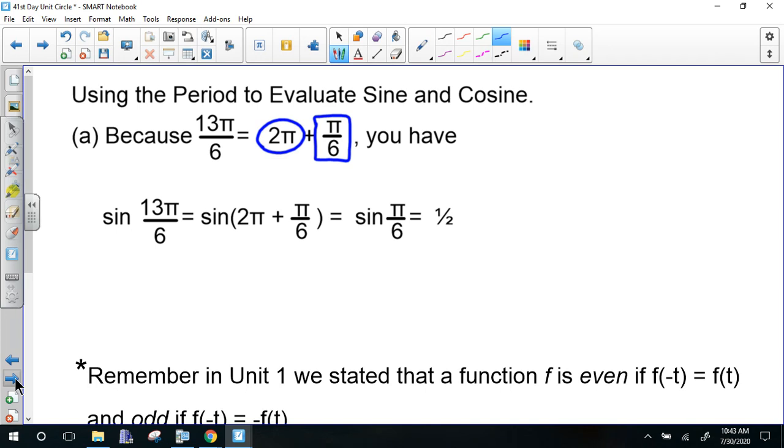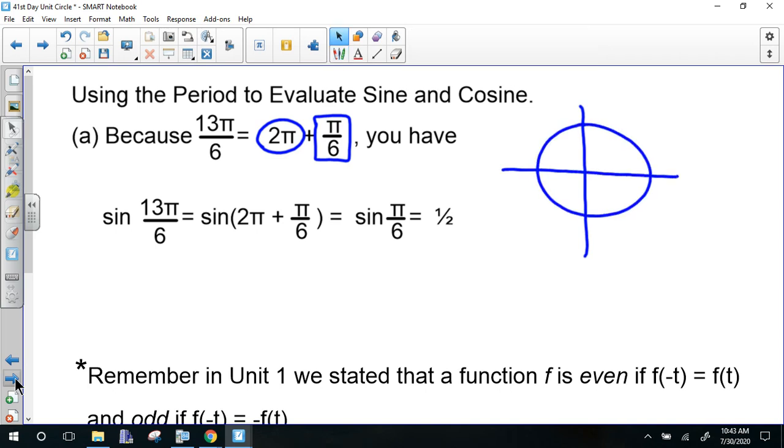And here's what it would look like on the unit circle. If that's my unit circle, and I want 13 pi over 6, I go around one full time, and then another 1/6, which puts me over here.